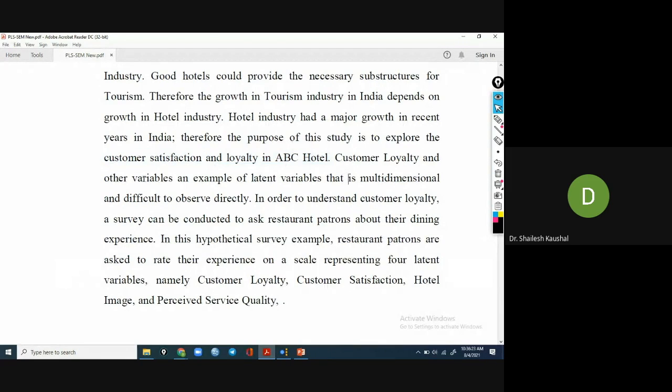Customer loyalty is an example of a latent variable that is multidimensional and difficult to observe directly. So customer loyalty we cannot directly observe, and customer satisfaction we cannot directly observe. These are latent variables, latent constructs. In order to understand customer loyalty, a survey can be conducted to ask patrons about their dining experiences.